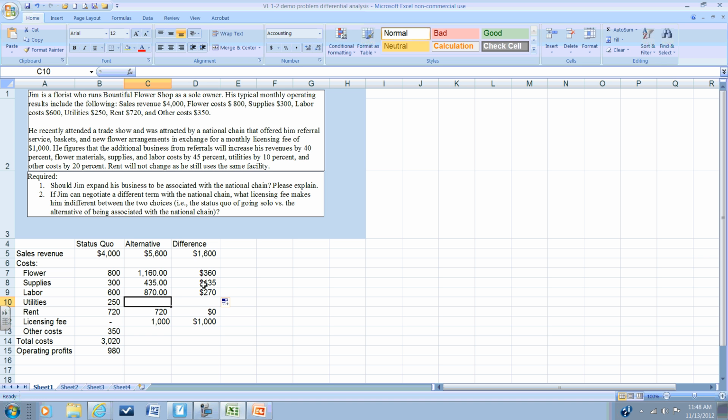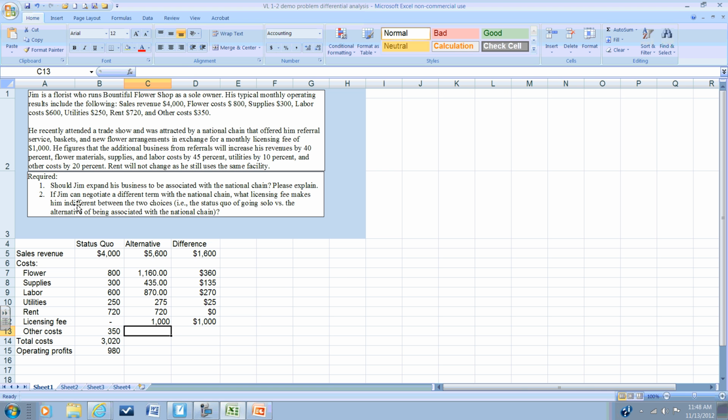Utilities go up, but not the same percentage as our materials, labor, and overhead. So we'll take our status quo, multiply it by 1 plus the change, in this case 10%, and our utility costs will increase by $25.